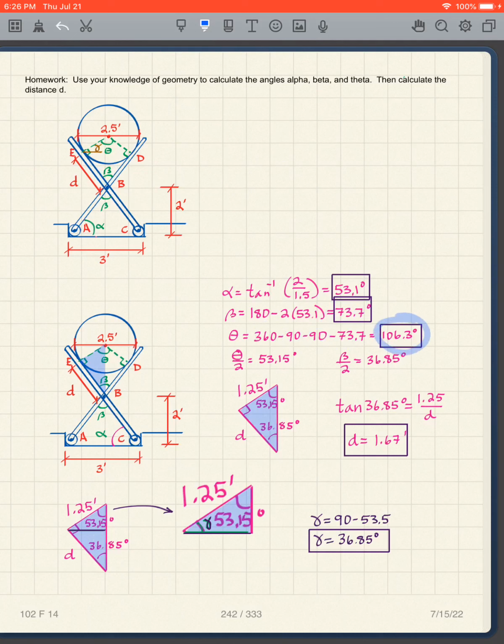So theta is 106.3 degrees. And that means that theta over 2 is 53.15.